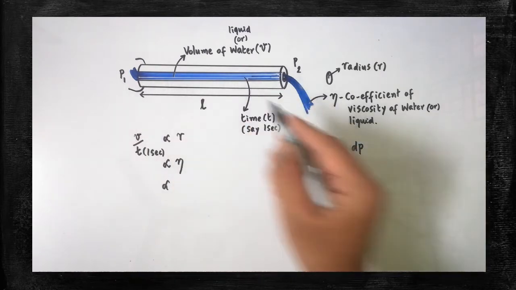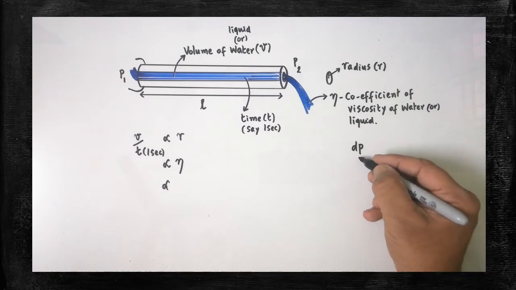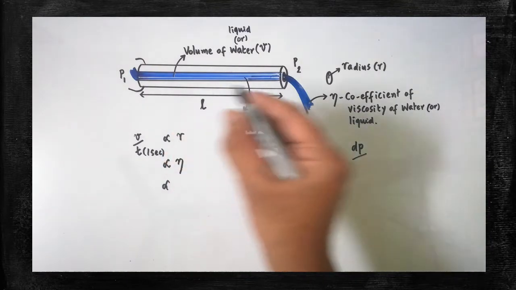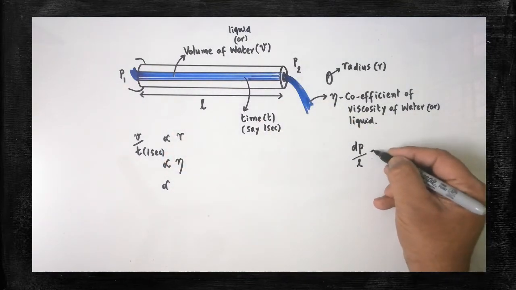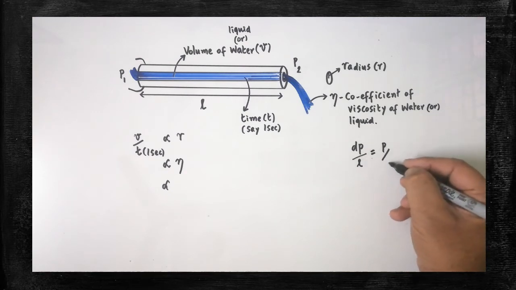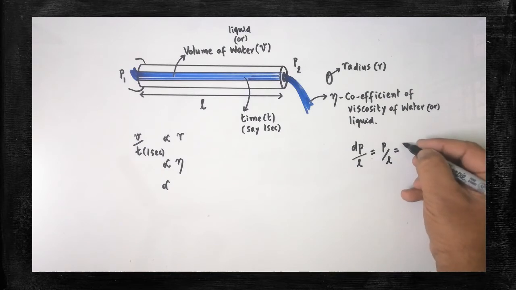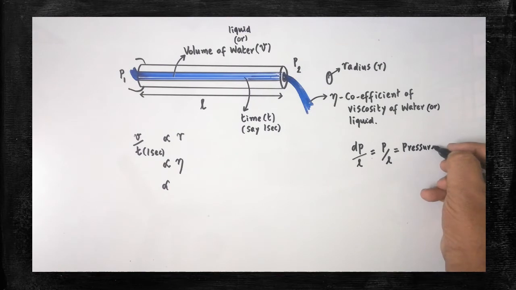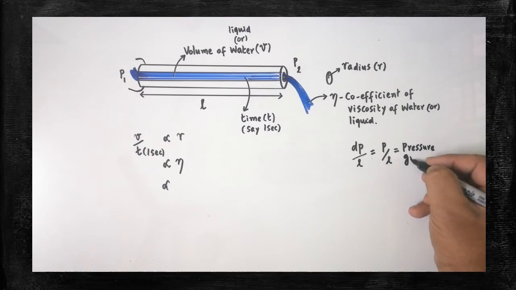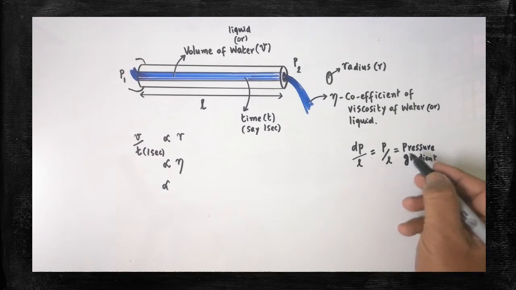Between these two the distance is L. So we can simply write it as P by L. The pressure gradient formula is P by L. Note this down: pressure measured with respect to distance is called the pressure gradient. Understood?